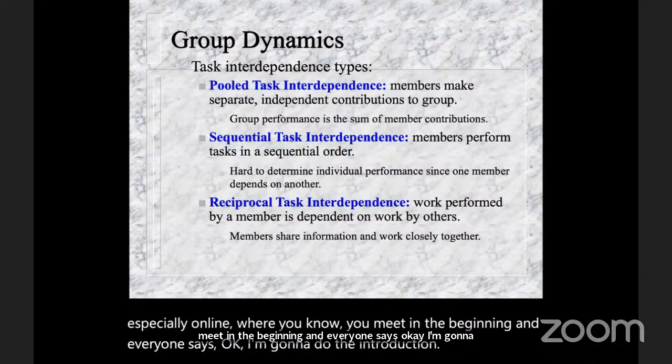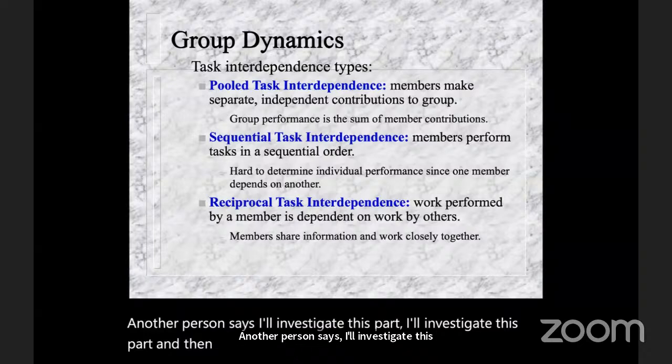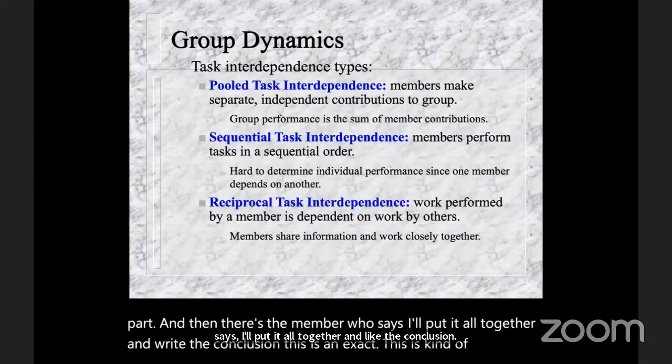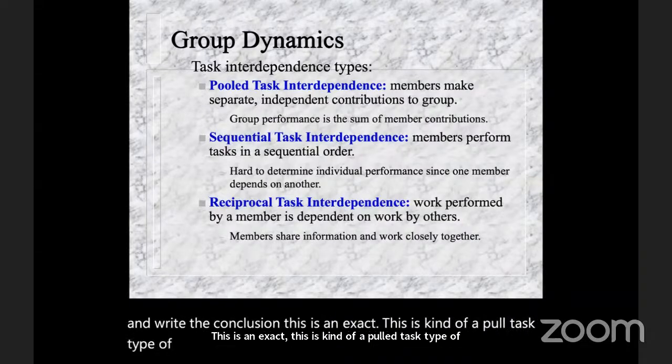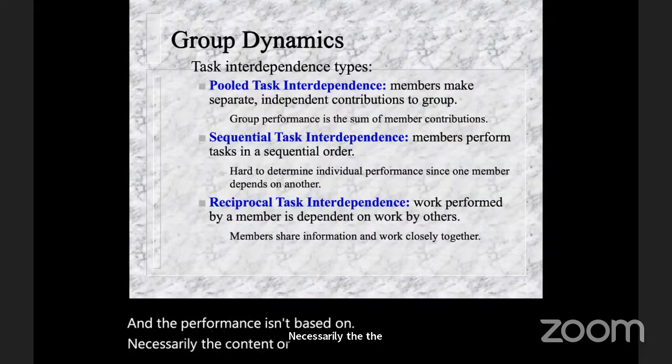Another person says, I'll investigate this part, I'll investigate this part. And then there's the member who says, I'll put it all together and write the conclusion. This is a pooled task type of interdependence, and the performance isn't based on necessarily the content or anything, it's based on the sum of the members' contributions.